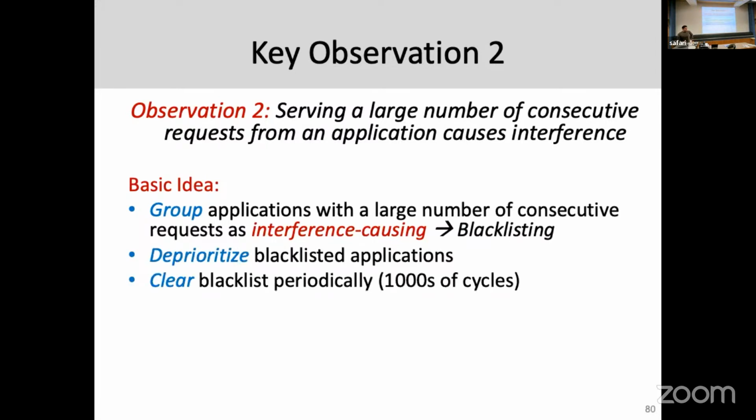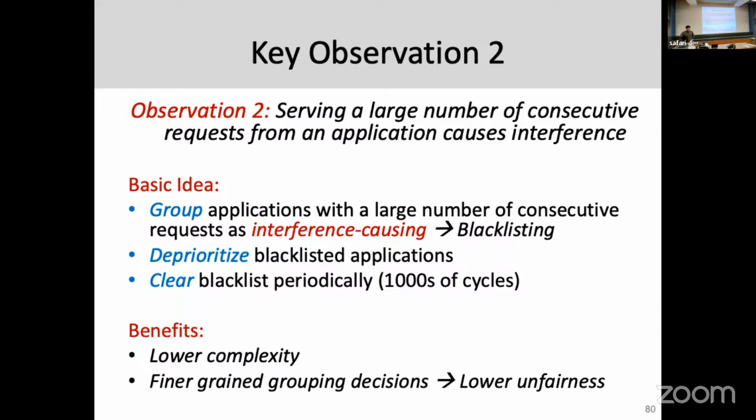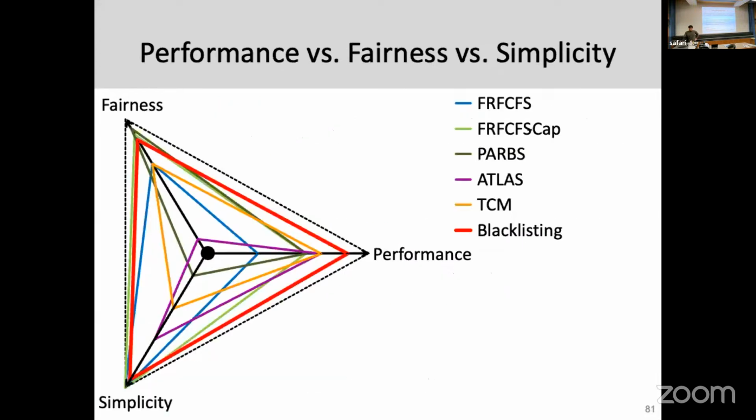You want to deprioritize these by blacklisting applications that are causing the interference. And you don't want to deprioritize them forever. You want to clear the list periodically. And the benefits of this is it's lower implementation complexity. And it also results in low unfairness.